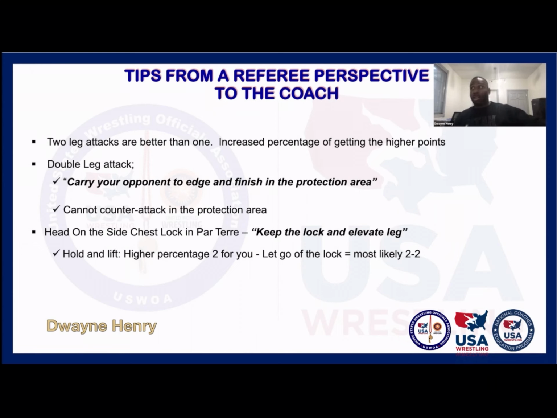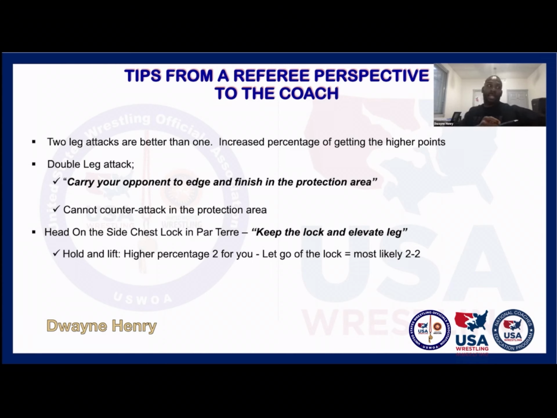Now, in both freestyle and Greco, these are huge benefits, right? As we understand, counterattacks aren't allowed in the protection area. So I'm not able to counter through the protection area. We'll go with a simple example of maybe a headlock reroll. In the middle, it'd be 4 points for the headlock, 2 points for the reroll.